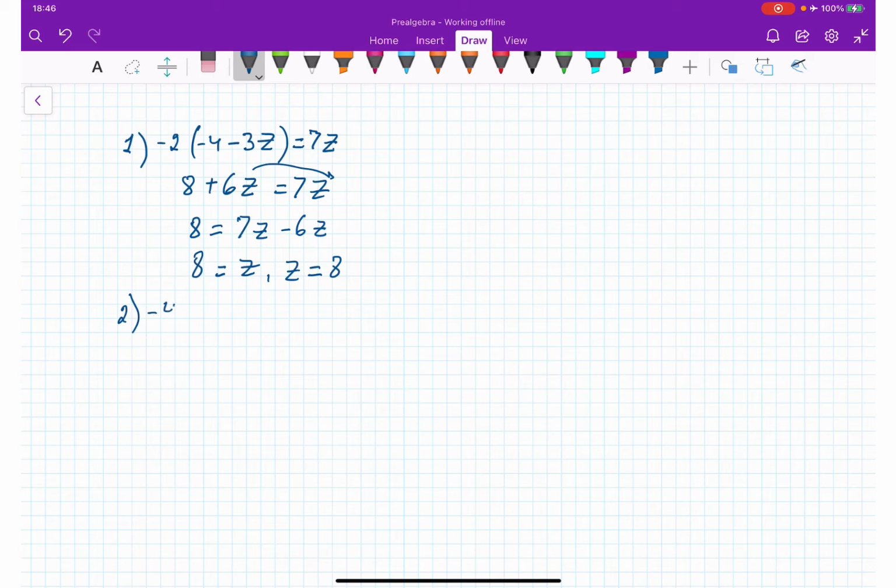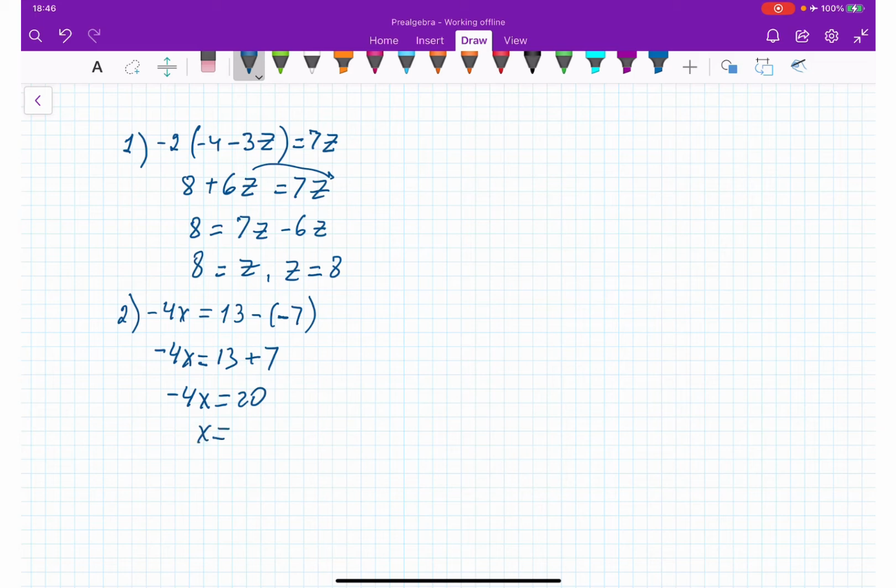Number 2, negative 4x is equal to 13 minus negative 7. Okay, 13 minus negative 7. So from here, negative 4x is equal to 13 plus 7. Yes? Negative 4x is equal to 20.